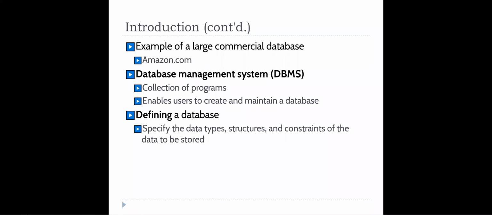It's a collection of programs, so you can manipulate the data, or the database, using a management system. The database by itself is just a collection of records and information. If you want to add, update, store, or change anything on the data, you have to use a management system or a collection of programs. Because of that, it's called a database management system.